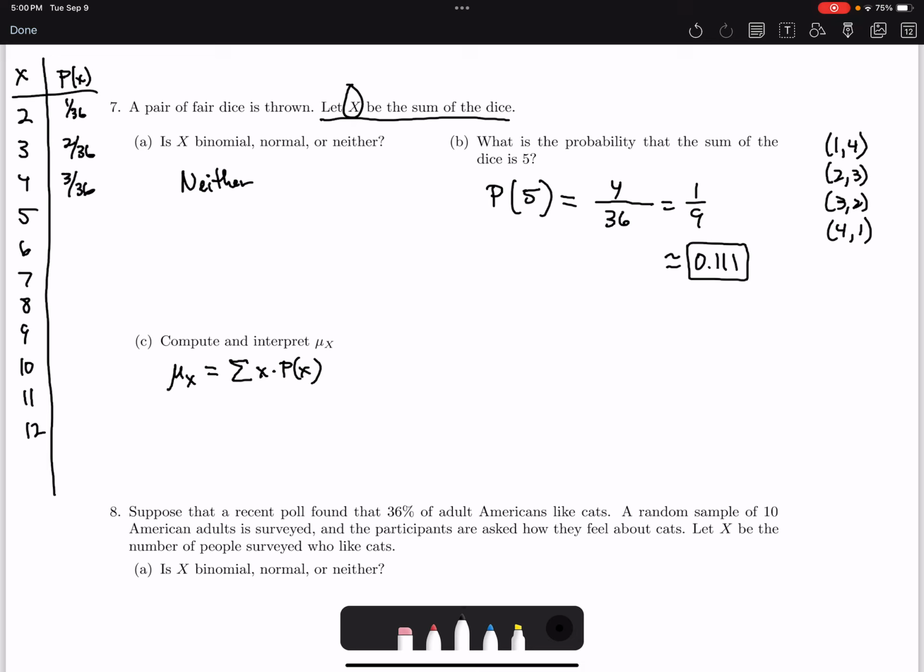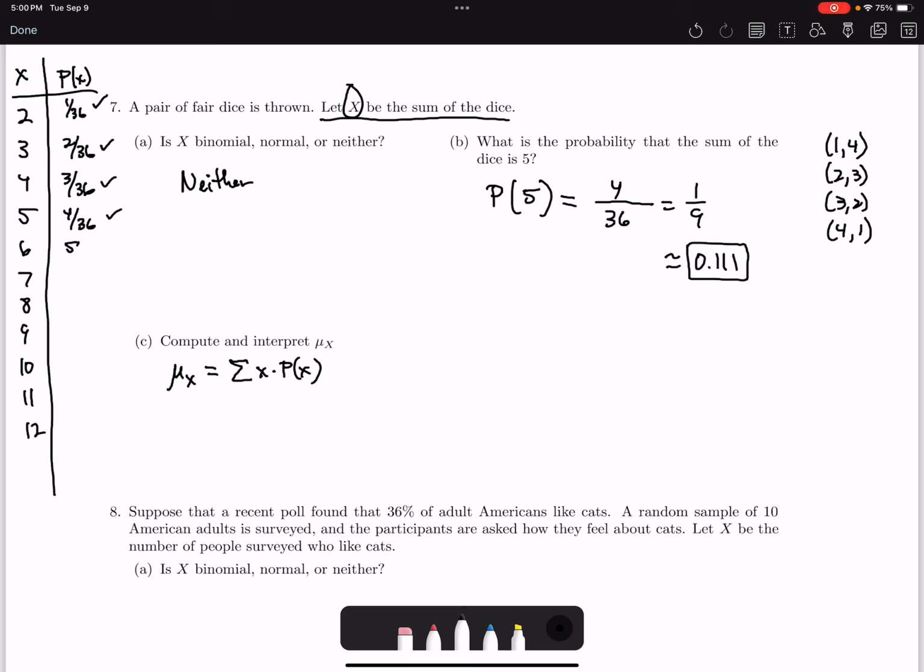And again, if this is too confusing for you, then by all means, bring out your 2.2 notes and take a look at that chart that we put together where we listed out all of the possibilities. The probability we roll a 5 is 4 out of 36. We just saw that in part B. I think you can start to see a pattern, right? It's going 1 out of 36, 2 out of 36, 3 out of 36, 4 out of 36.